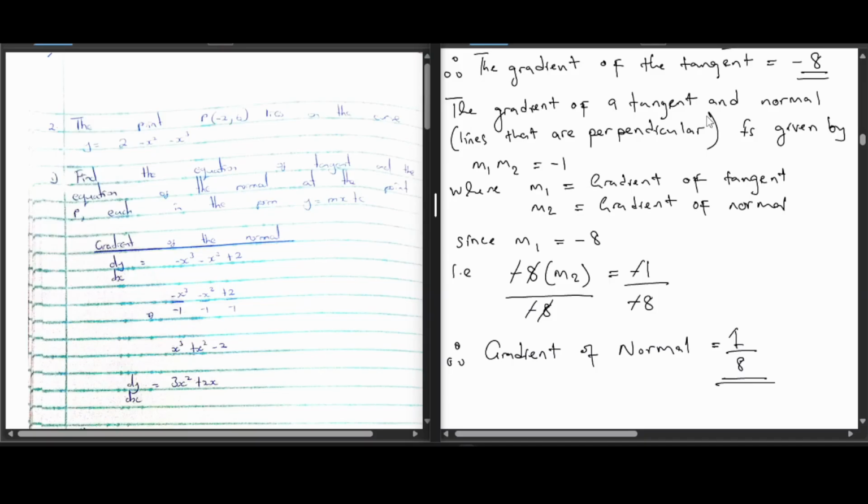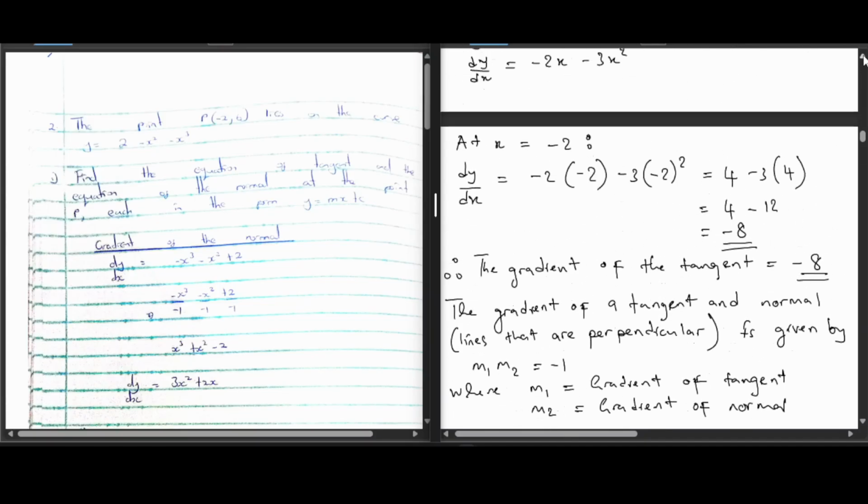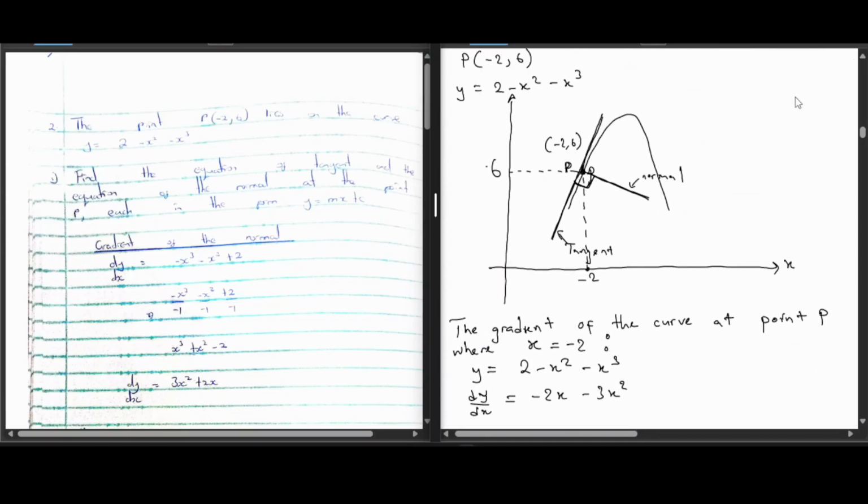So since we have our gradients, what remains is to find c. C is what? C is the y-intercept, but I cannot illustrate it up there because that curve was just for illustration's sake.